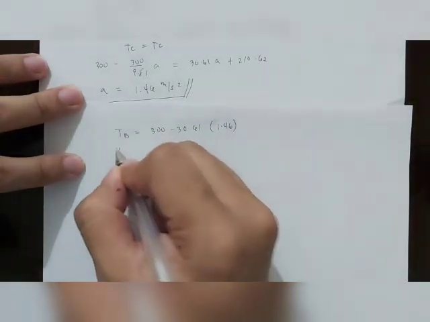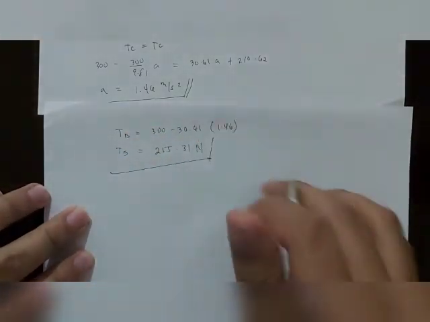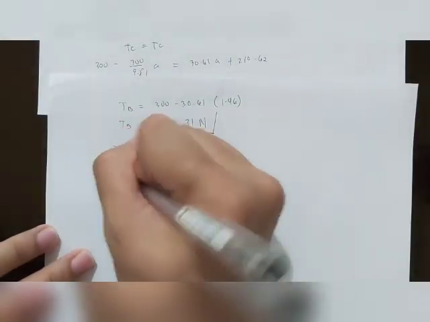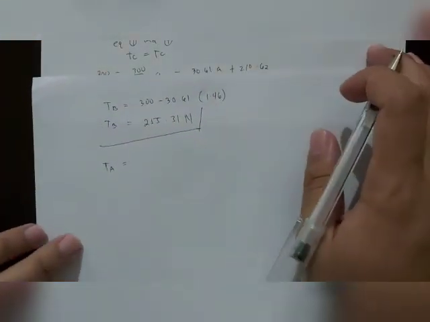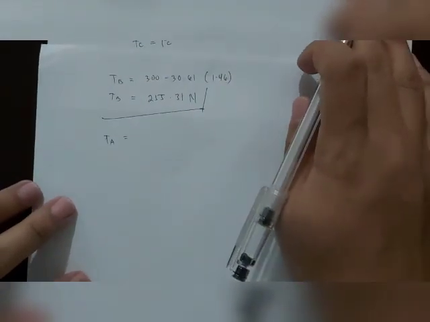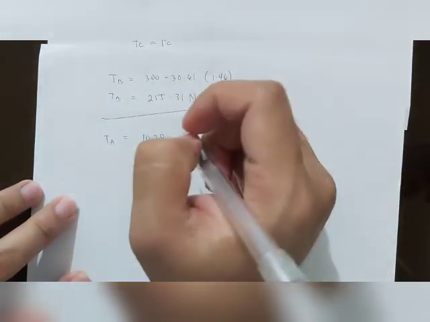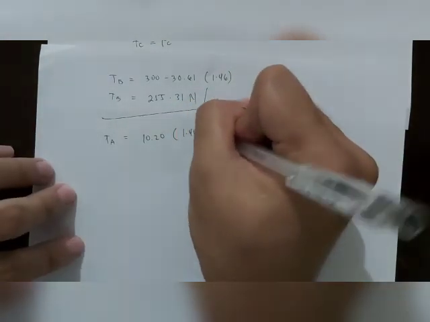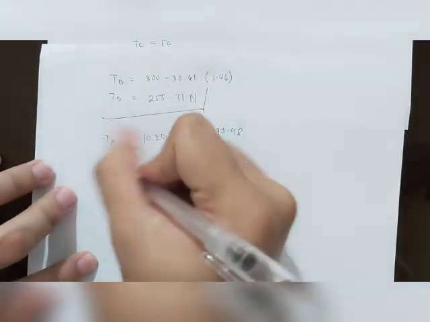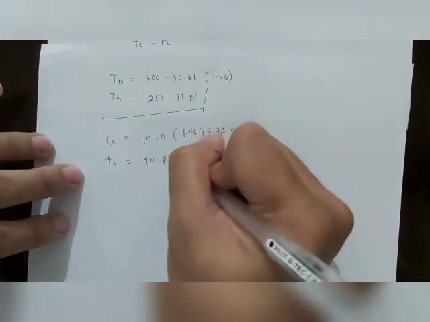So we have tension B is equal to 255.31 newtons. For tension A, we substitute into equation number 3: 10.20 times a, which is 1.46, plus 75.98. Then tension A is equal to 90.87 newtons.